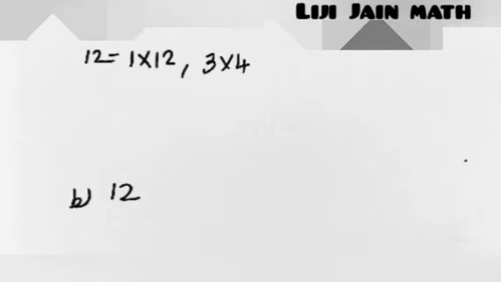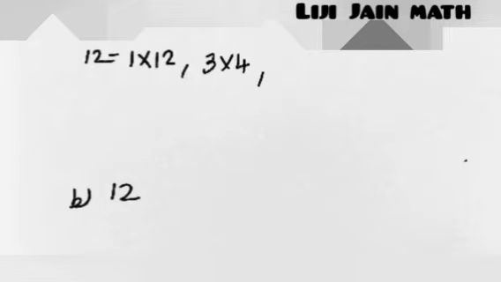Surely 1 is a factor of 12 and 12 is a factor of 12. So what is the first way? Yes, 12 can be written as 1 into 12. That's clear. And anything else? Any other way possible? What is the second way? Yes, 3 fours are 12, isn't it? I think in our previous discussion I hadn't mentioned 3 fours are 12.